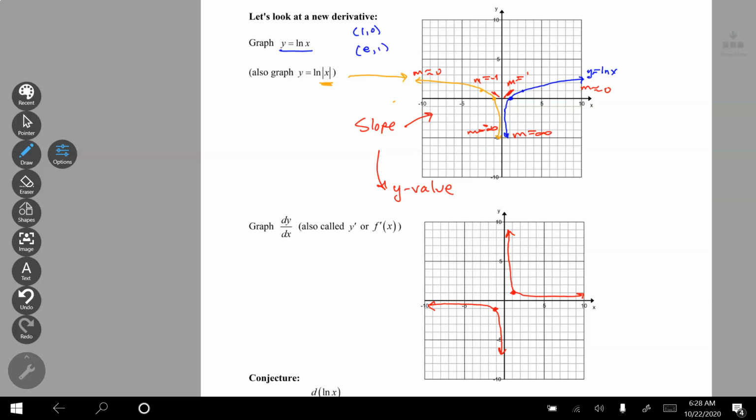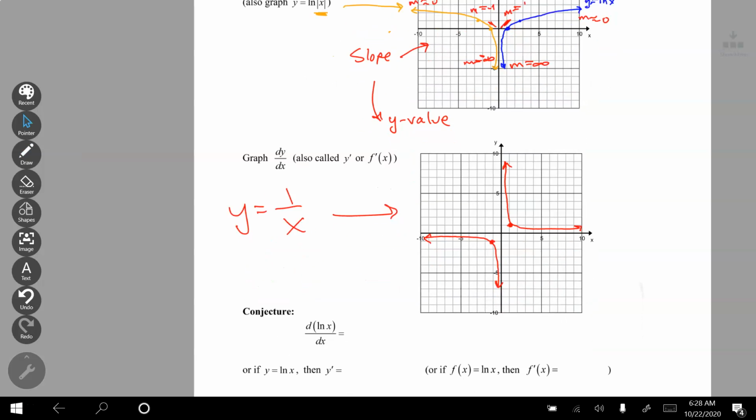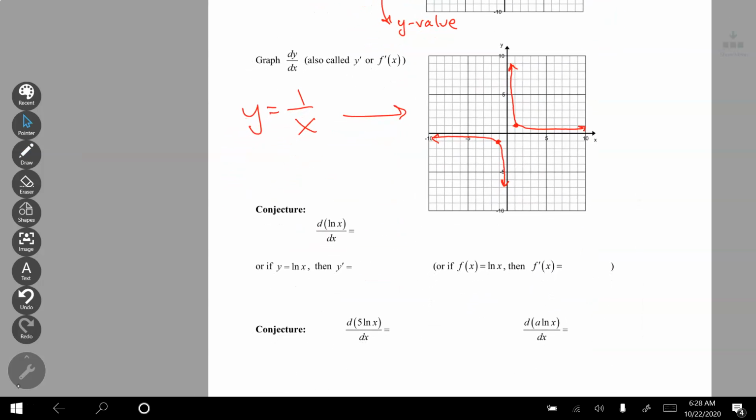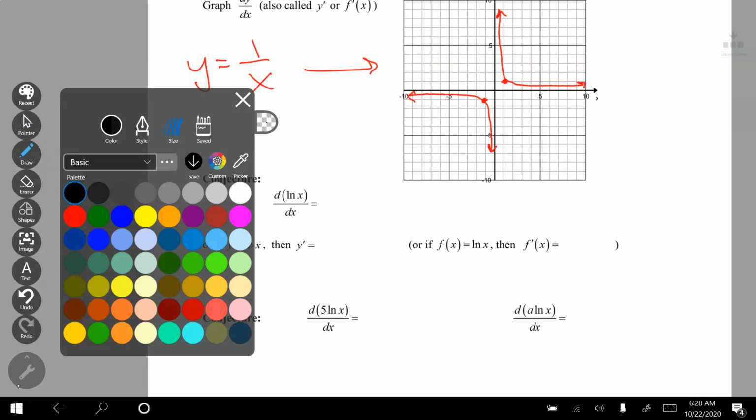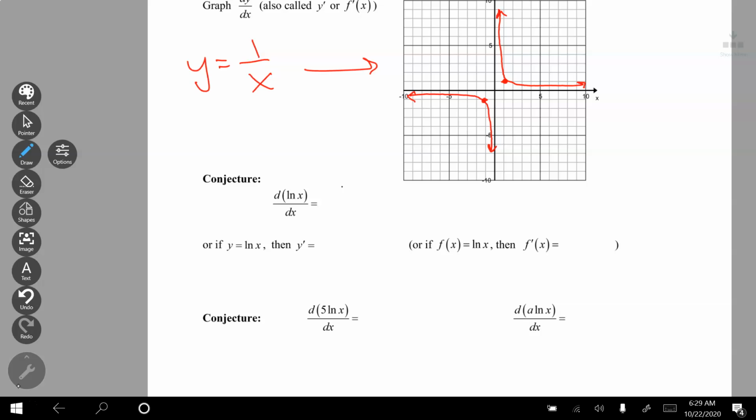And if you recognize this graph, it is y equals 1 over x. So we have learned that the derivative of ln of x is 1 over x.